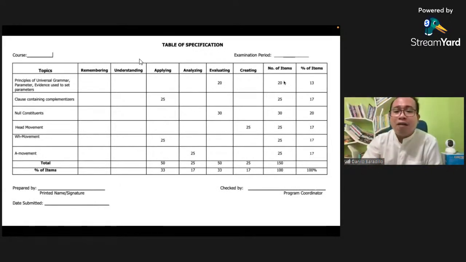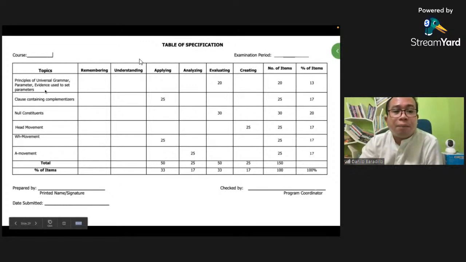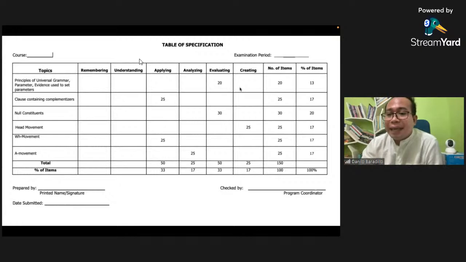So if I have topic number 1, and I place evaluating, the number of items here is just 20. Where did I get the 20? It could always be taken from the formula that we have used. What formula is that? I'm talking about percent.